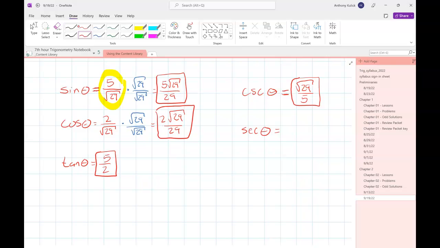If secant is just the reciprocal, I'm just going to take my answer from cosine and flip it, right? Which answer would I want to use? The 2 over square root 29. Why would I want to use that version? Yeah, I can avoid having that square root on the bottom.